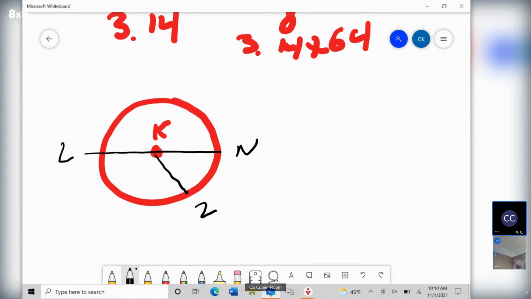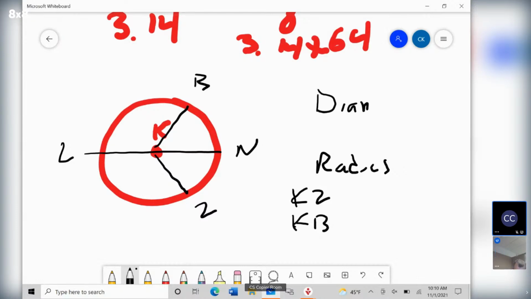So in this one, KZ would be the radius, and also maybe KB. And you're going to know that the diameter goes all the way through. So the diameter will be LN. And remember, the circle is always identified by that letter right in the middle. So in this case, it's going to be K.